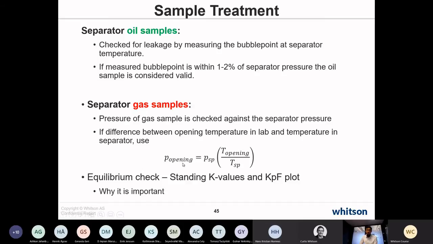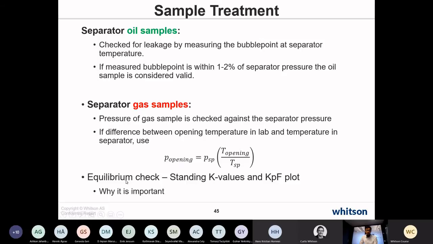So P1 V1 upon T1 is equal to P2 V2 upon T2, considering there was no leakage, so the number of moles are the same at the separator condition and the lab conditions.